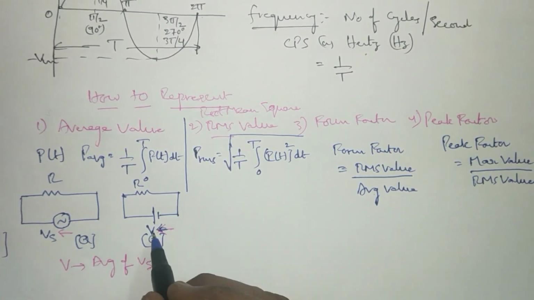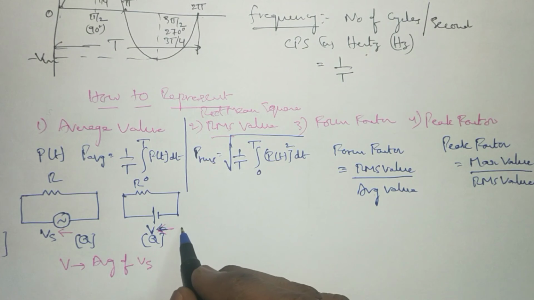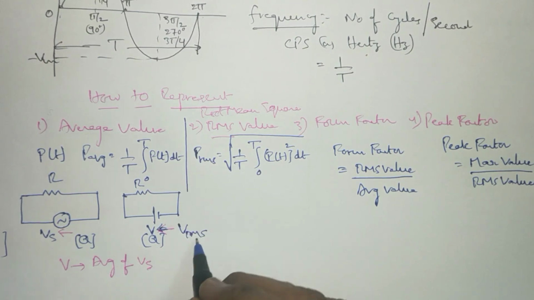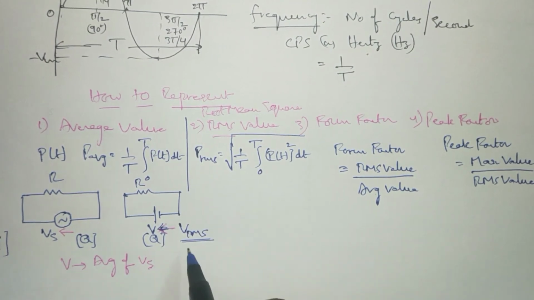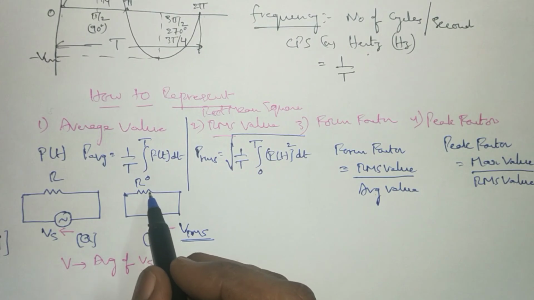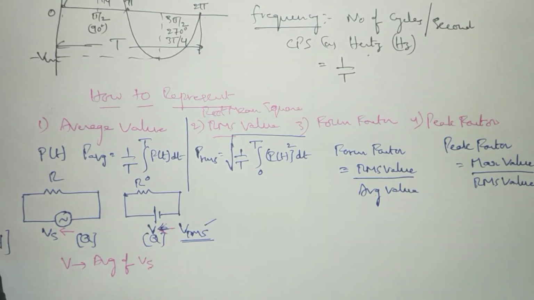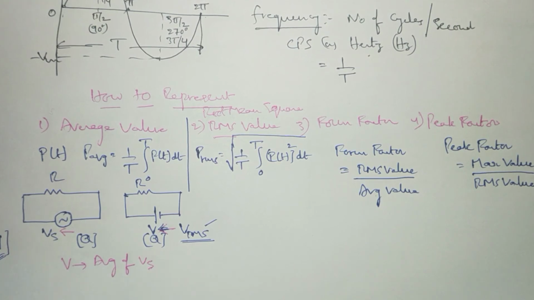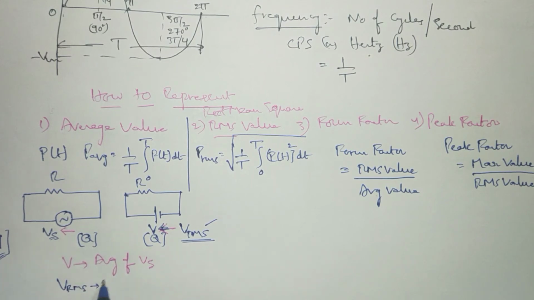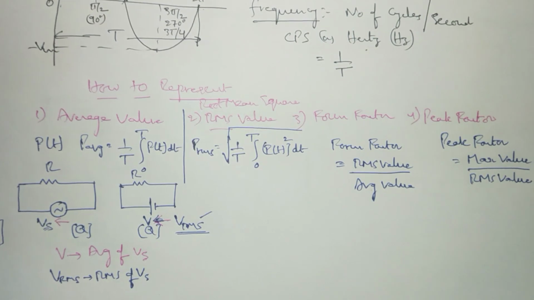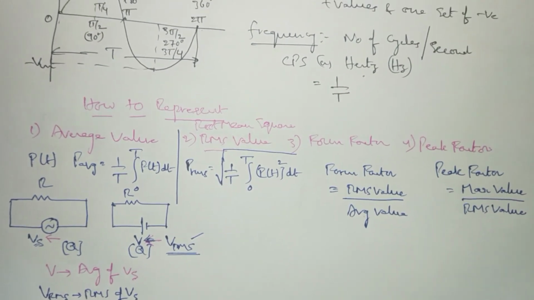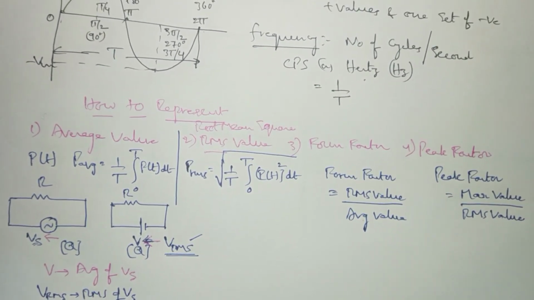Consider a source of VRMS, connect VRMS to the same circuit and allow it for the same time, and if this generates the same heat energy as that of this alternating source, then we say that VRMS is the RMS of Vs. That is how we can theoretically define the average value and RMS values.